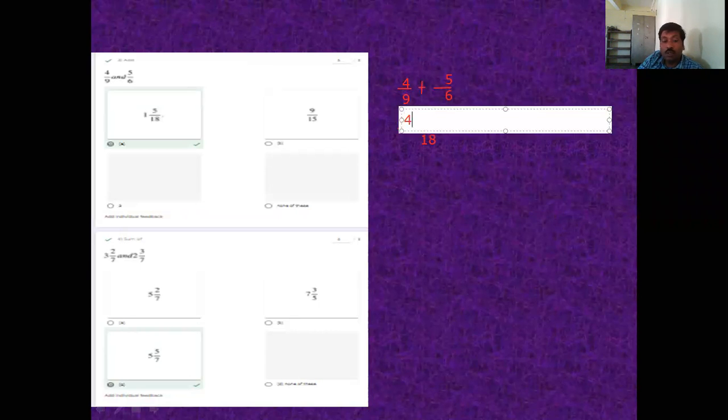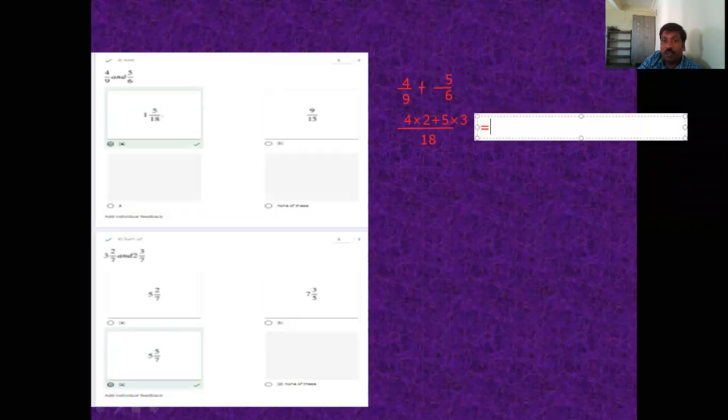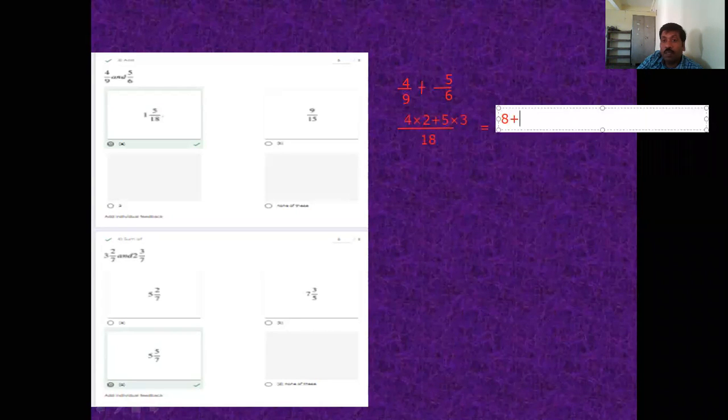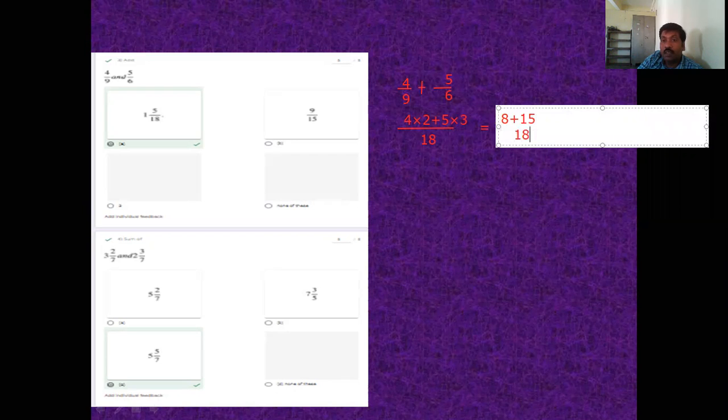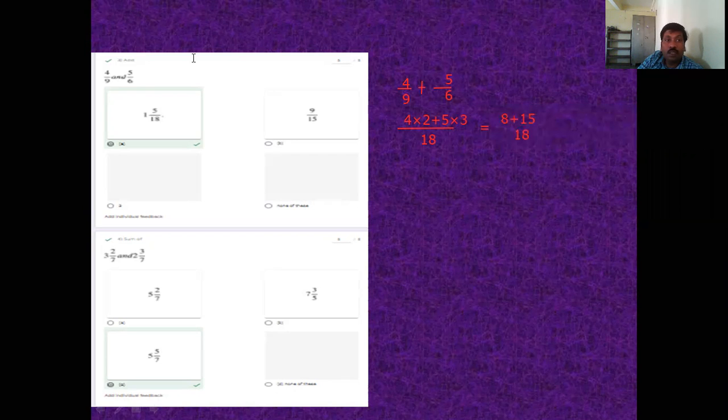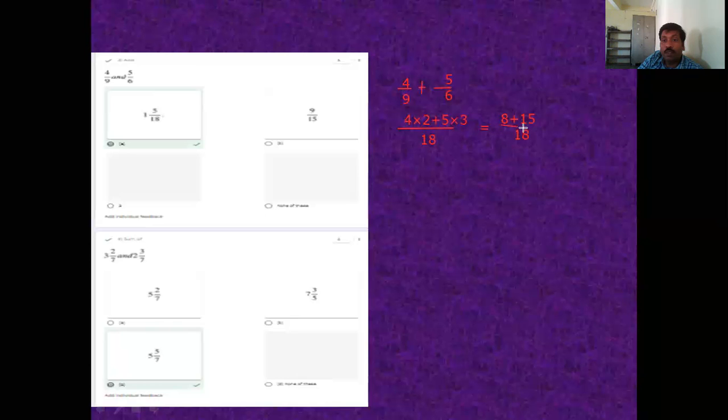Then this quotient is multiplied with the numerator of the first fraction. Now 18 divided by 6 is 3, and 5 is multiplied by this 3. When we solve this type of question, we get 8 plus 15 by 18.